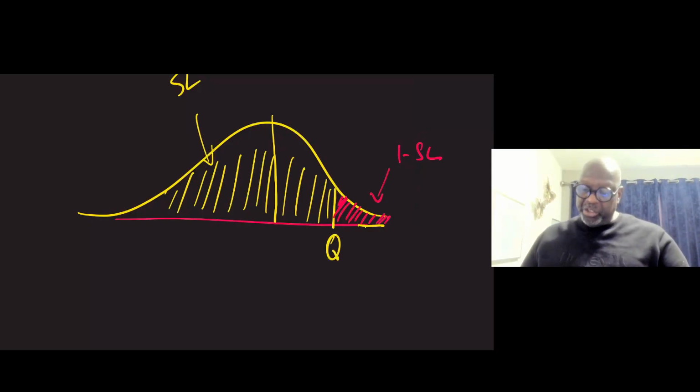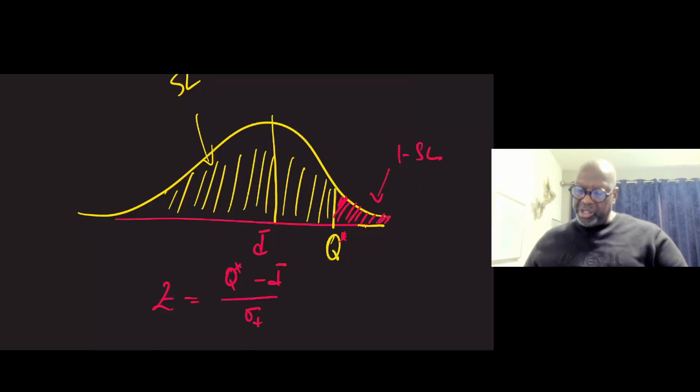So if we know the average demand, D bar, then in that case, we know that there's a Z associated with the Q star right here. And so what is Z? This Z will be equal to Q star minus D bar over the standard deviation of the demand.